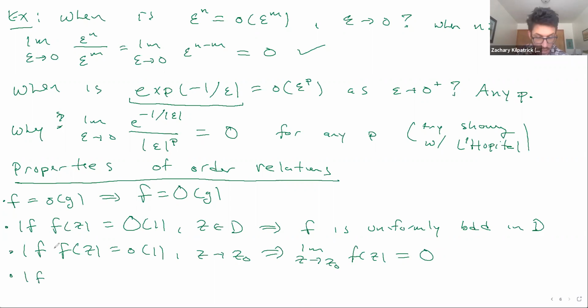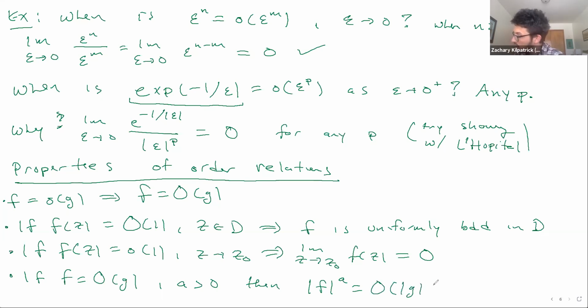Another property: if f is big O of g, and we have some a greater than 0, then f to the power a is equal to big O of the magnitude of g to the power a.